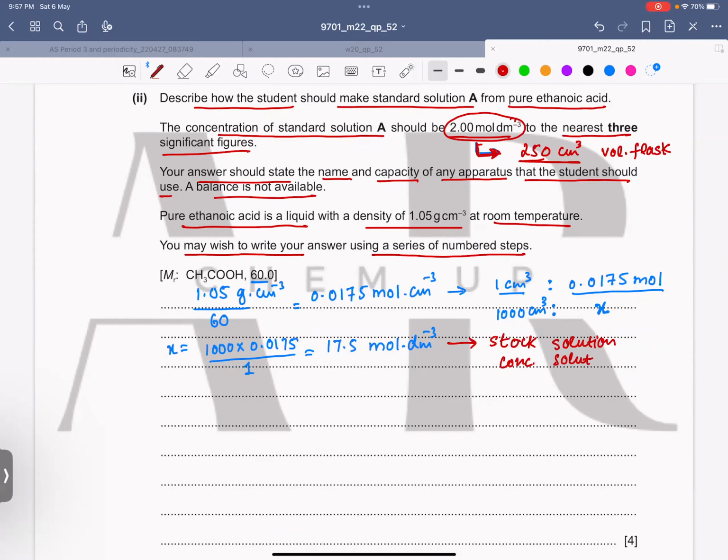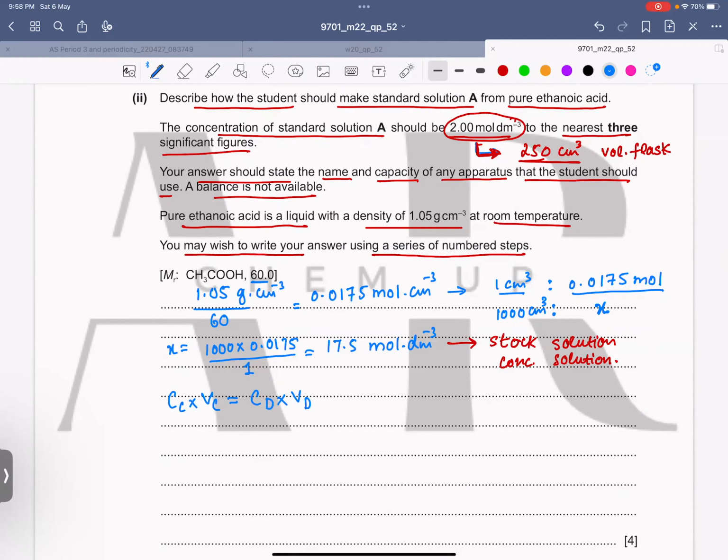So I have told you one expression for when you have to dilute a solution from concentrated to dilute. The concentration of the concentrated solution times the volume of the concentrated solution is equal to the concentration of the dilute solution times the volume of the dilute solution.